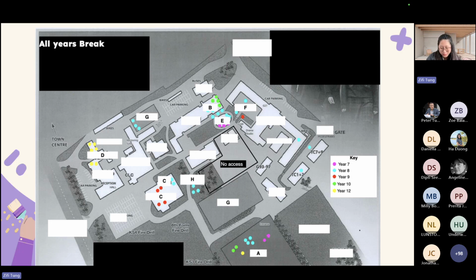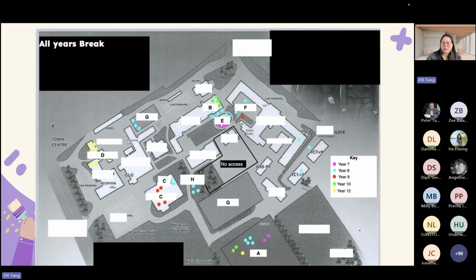I then decided to take the digital version of the map, and for each year group, I placed a dot where each student was, and then put all of them together onto one big map with all the year groups to ease my analysis. It took a long time, but I did that.